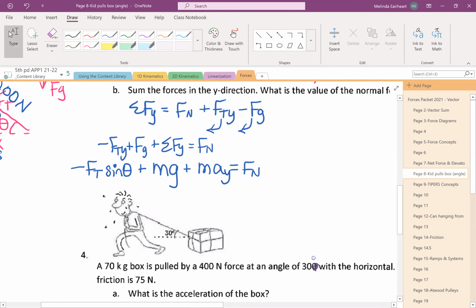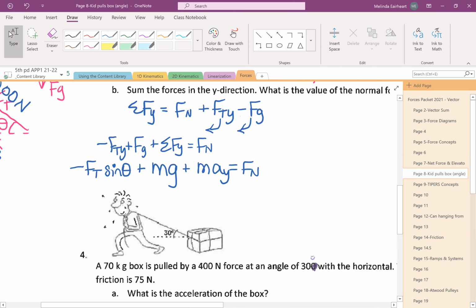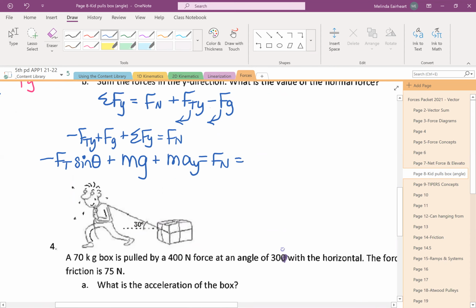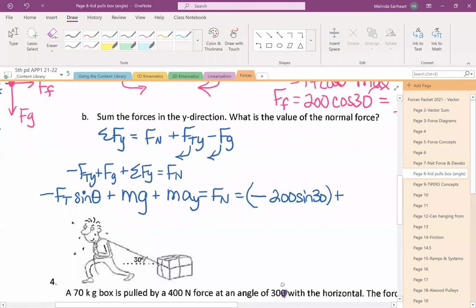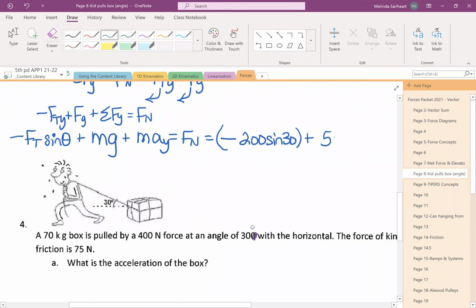All right, let's start doing numbers. So I'm just going to go on the right-hand side there. And so a negative FT is 200 times sine 30 plus mg. So I got to scroll back up. I forgot what mass they had. 50. And we said kilograms is good.